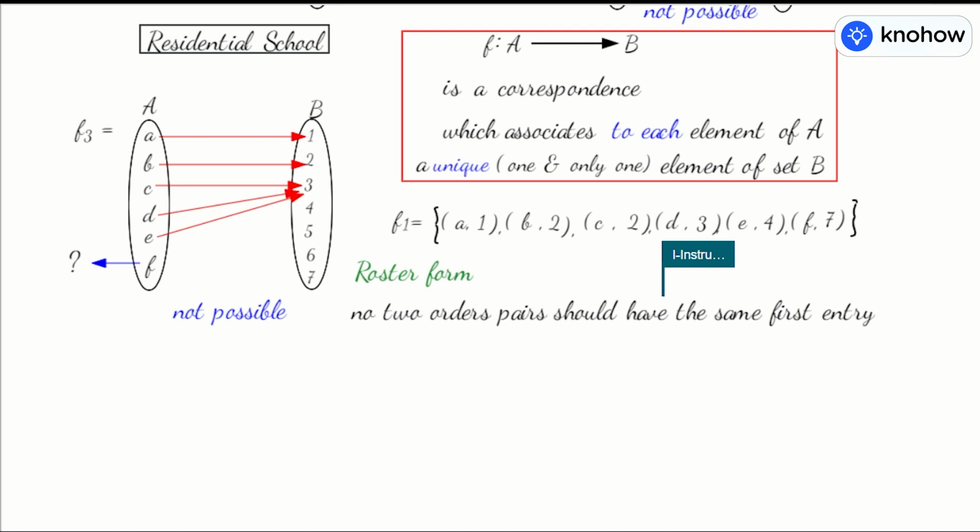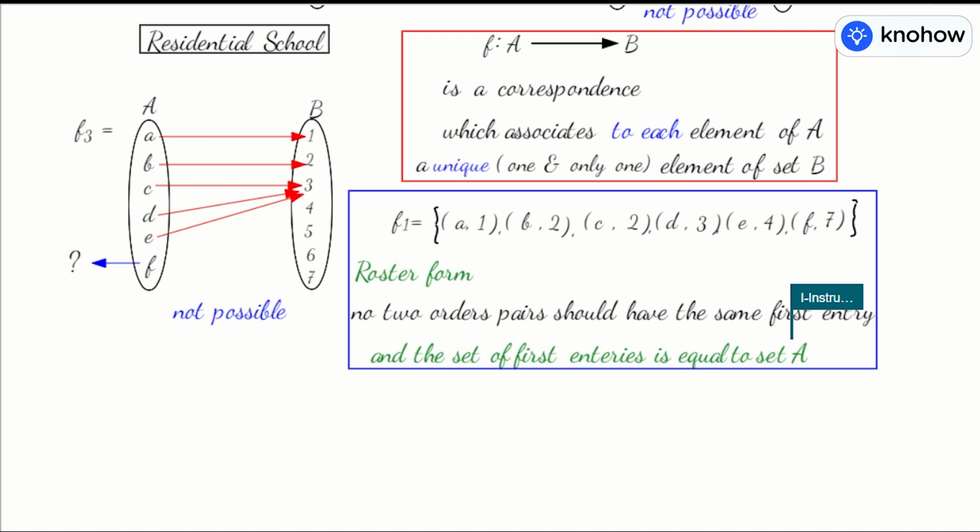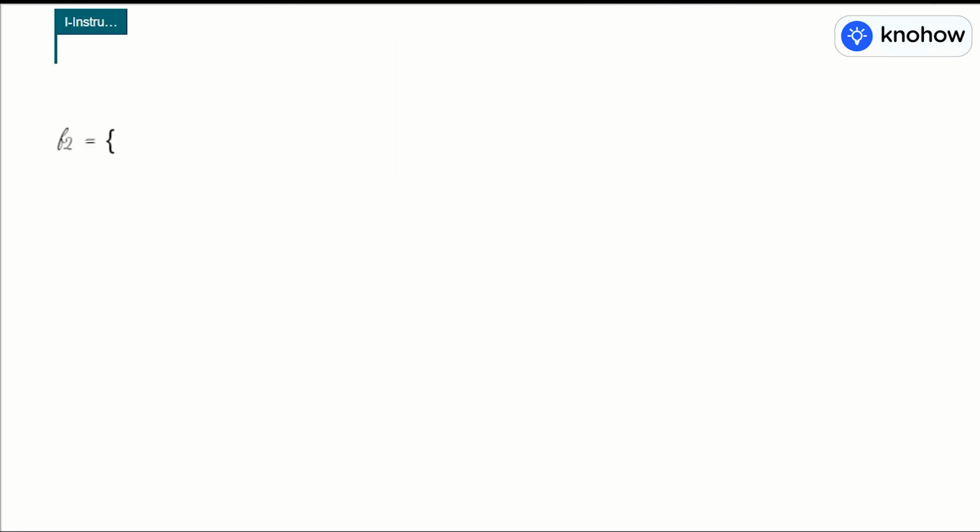Further, you find that room numbers 5 and 6 are not associated. If you take the set of all first entries, A, B, C, D, E, F, that will be the same as A. So each element of set A is associated to a unique element of set B.